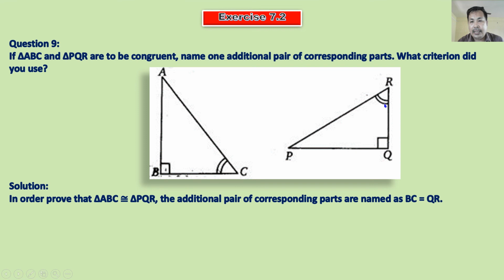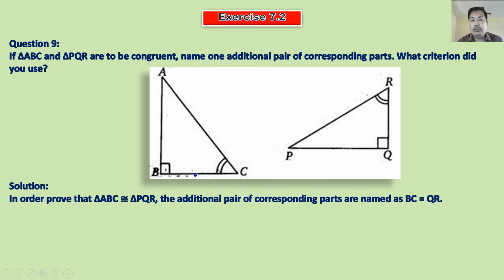And angle C and angle R are equal. So two angles are equal in these two triangles, isn't it? Once again, two angles of a triangle are equal to two angles of the other triangle here.